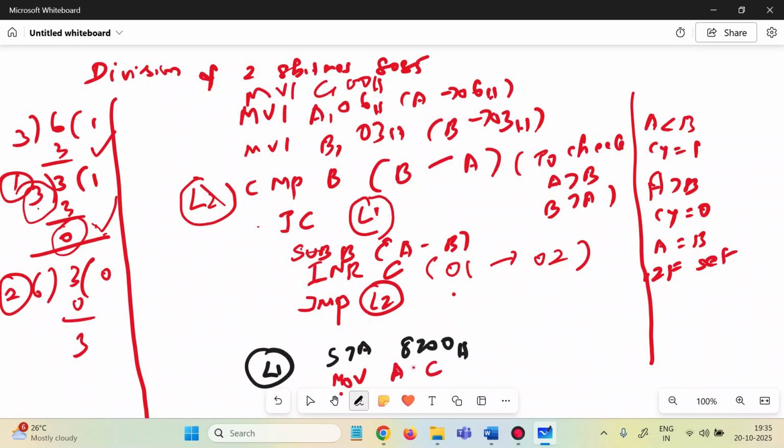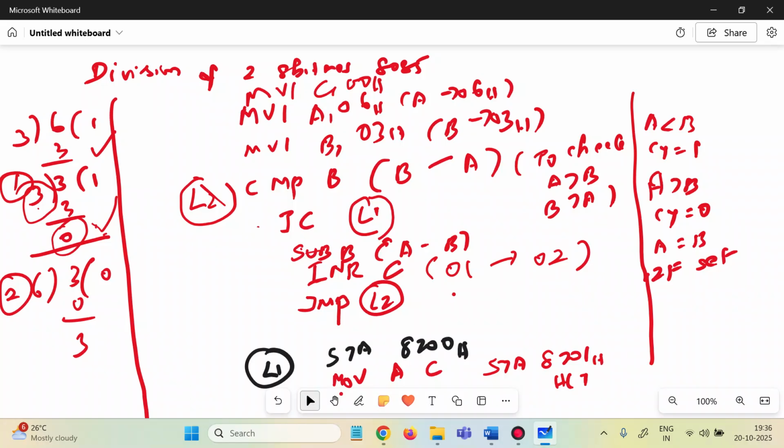Move C to A. Here the quotient is C. So let me write it from the top. Move C to A. Followed by that, the next instruction is store the accumulator content in A201. So remainder is stored in A200 and the quotient is stored in A201.